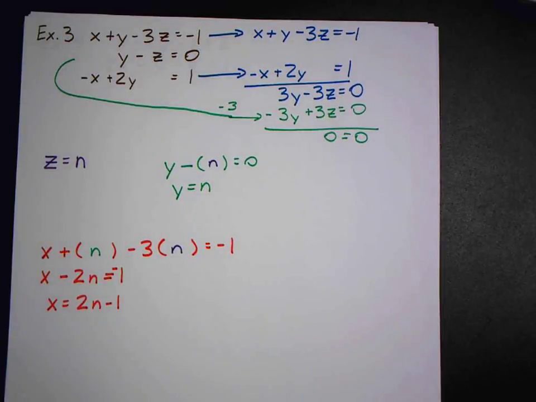So x is equal to 2n minus 1. Okay, then I just write this as my ordered triple.